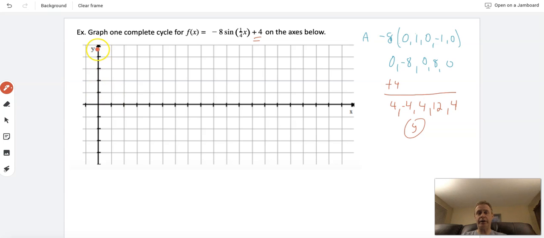And now I'm going to scale the y-axis in an appropriate manner. Now you can scale it however you like, so long as you fit your points on the provided grid. Because I'm going to have to go down to -4, but up to 12, I'm going to scale my y-axis by 3.